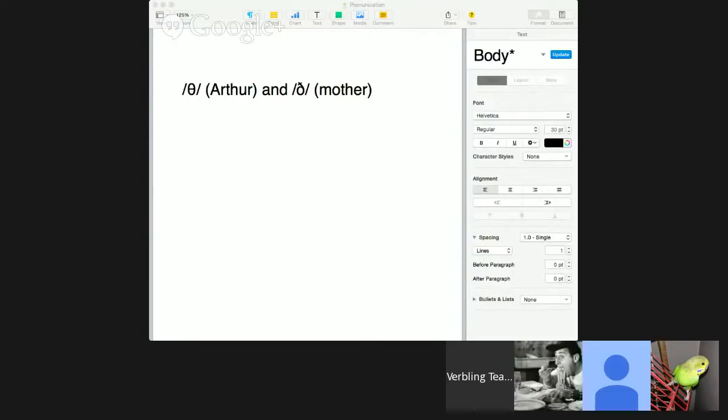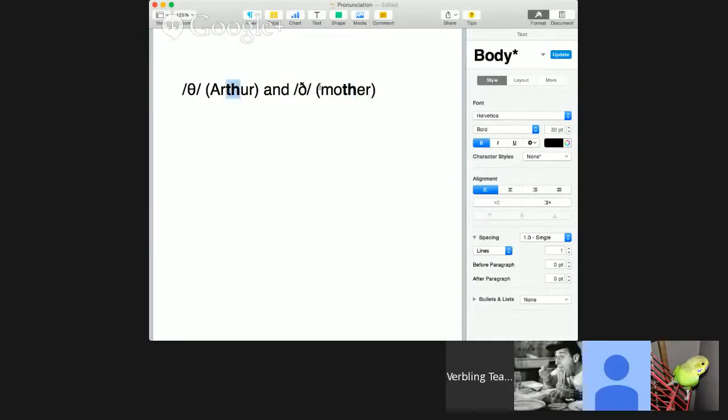And basically, there's only one difference between them. So if I just pronounce these two words to you, we have this word here, which is Arthur, a boy's name. And then we have this word here, which is mother. And I think we all know what mother is. It's one of the first words that you would learn. So they both have the same spelling, the TH.